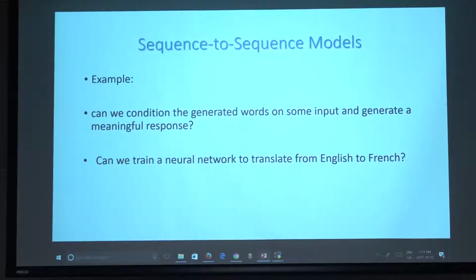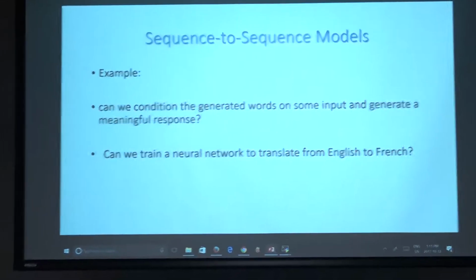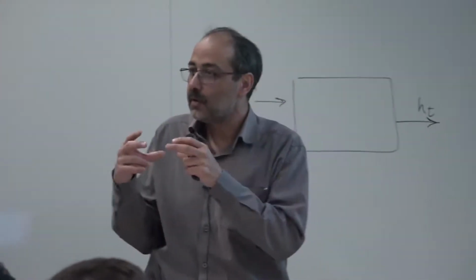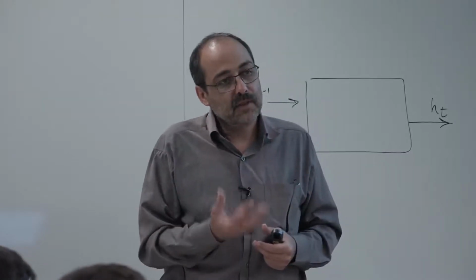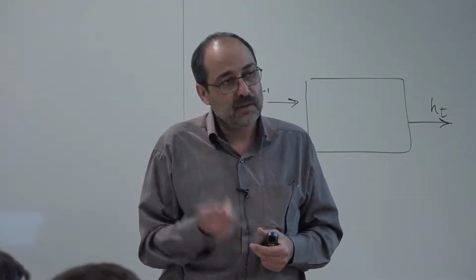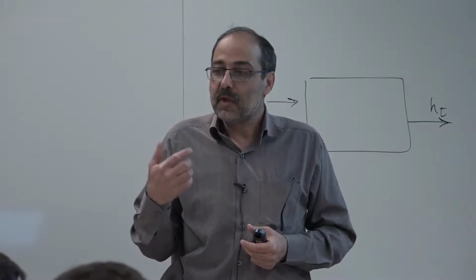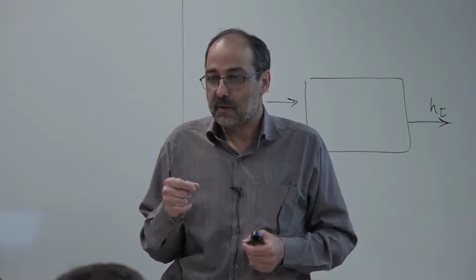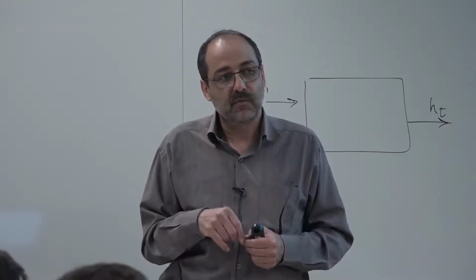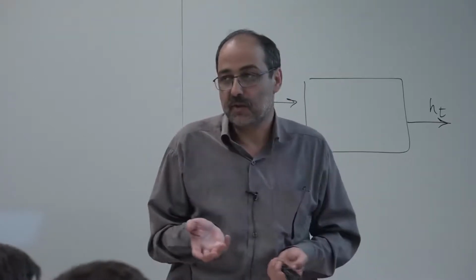RNN is, as we discussed before, useful when you want to model temporal data. Your data has a sequence. For example, it's quite common in natural language processing. Many problems in natural language processing these days are tackled through what are called sequence-to-sequence models.